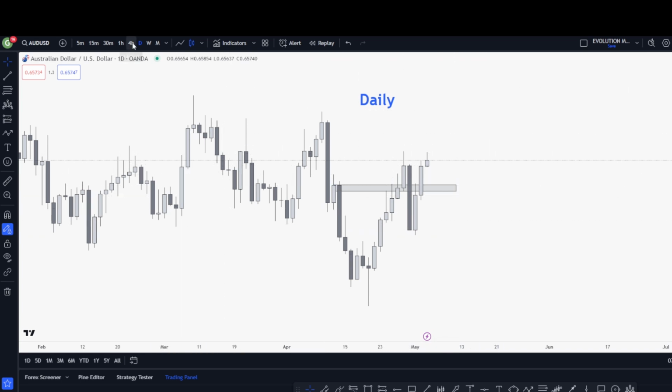Now, dropping further down, so we have now what we see right here, we are expecting further moves to the upside to come and retest this area of resistance to the upside. So we'll drop further down to the 4-hour time frame.